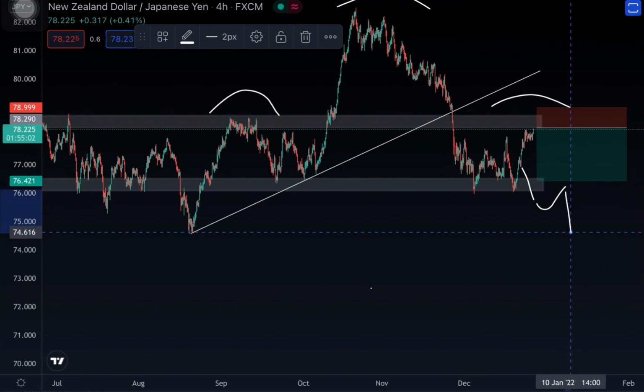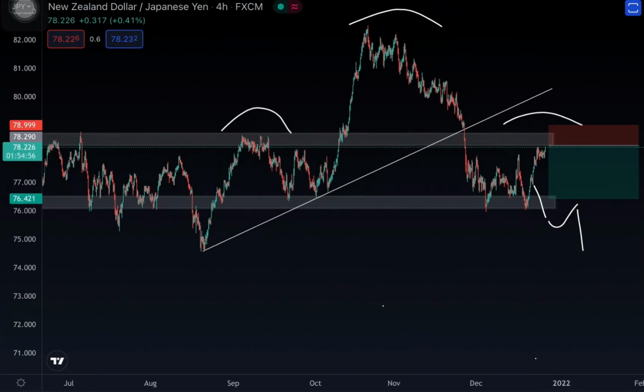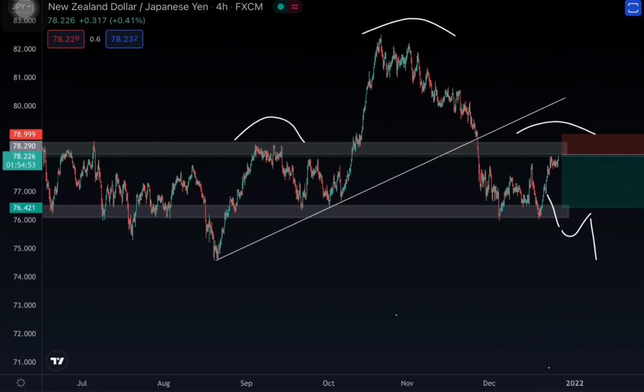So for this pair we have two possible scenarios, and we should wait and be patient. After that I assure you that this position will go and smash the TP as usual, as always, as every time. History repeats, and this time will repeat too.